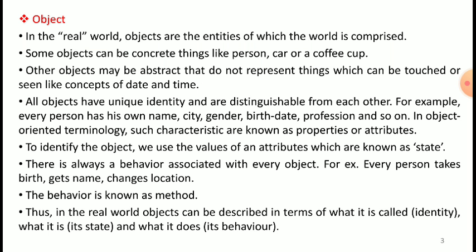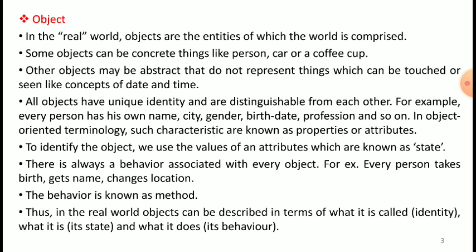For example, concepts like date and time. All objects have a unique identity and are distinguishable from each other. For example, every person has characteristics like name, city, gender, birth date, and profession. In object-oriented terminology, such characteristics are known as properties or attributes.